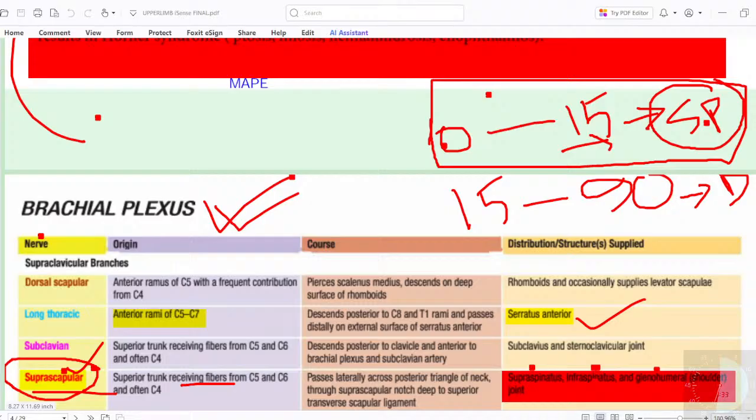And the palmar tips of digits 1, 2, and 3 up to the middle of the ring finger.